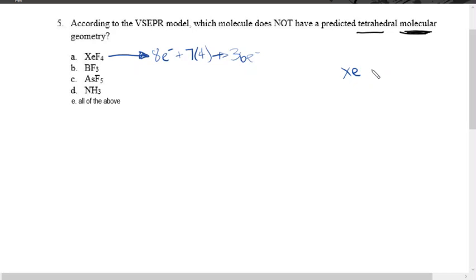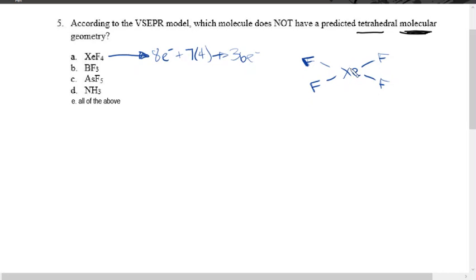So let's go ahead and draw in our 4 F's because we know they have to be bonded to it. For the rest, I'm just going to do it the way I normally do instead of always counting electrons.